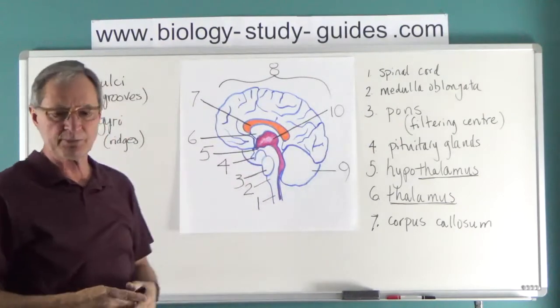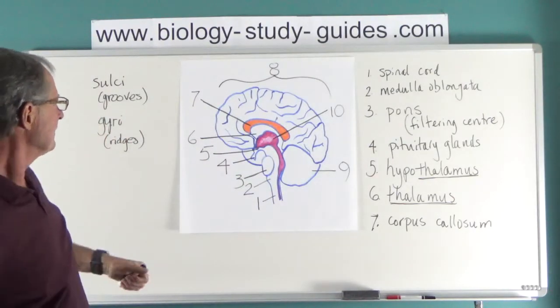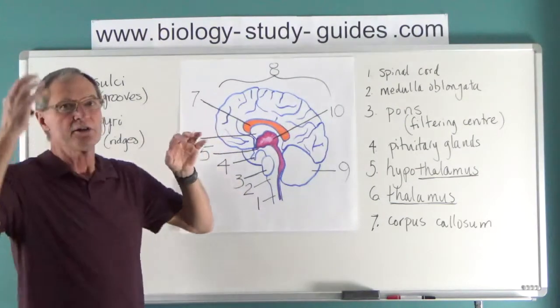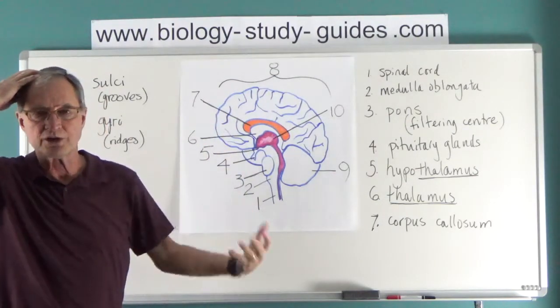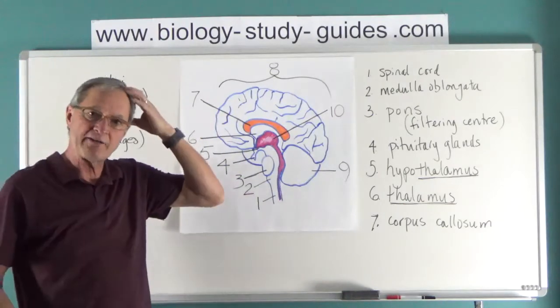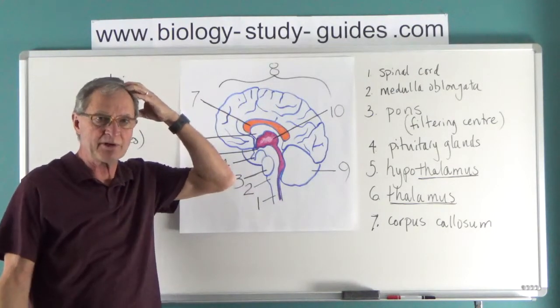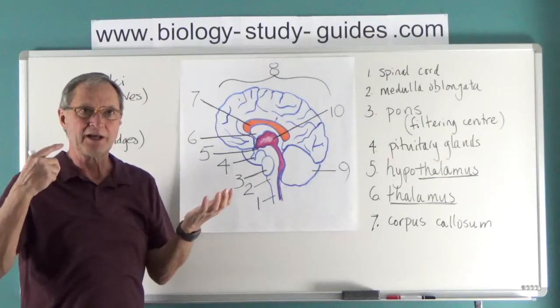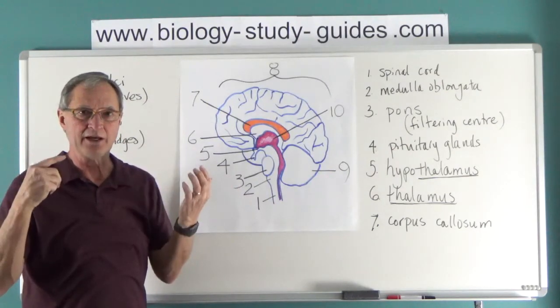What it is, quite simply, is a very dense tissue that allows the two hemispheres to communicate with each other. So the right side of your brain controls the left side of your body, the left side of your brain controls the right side of your body, but if you think about that, you'd be at a loss if you couldn't get one side to communicate with the other side.